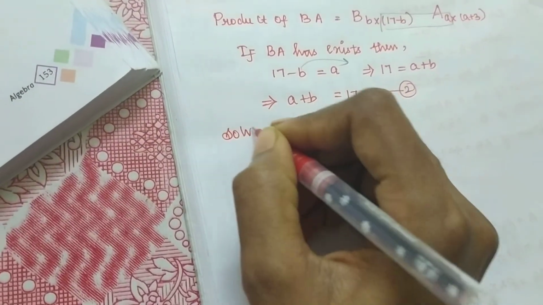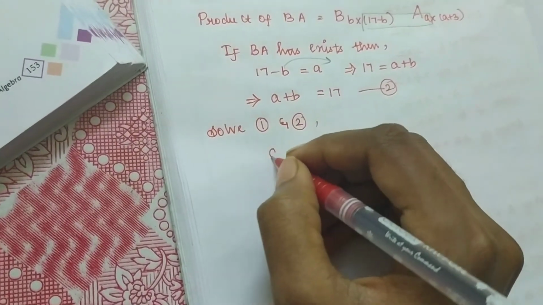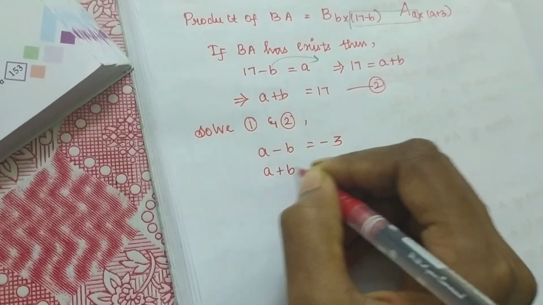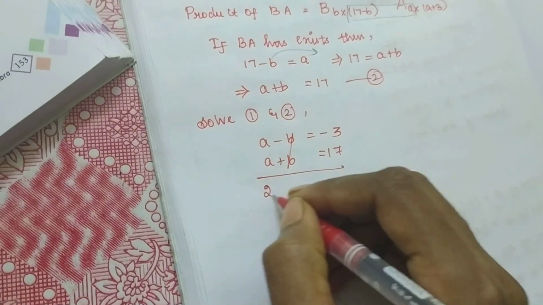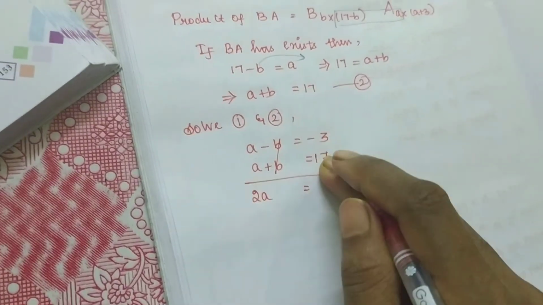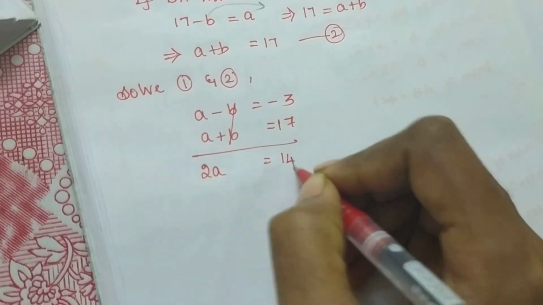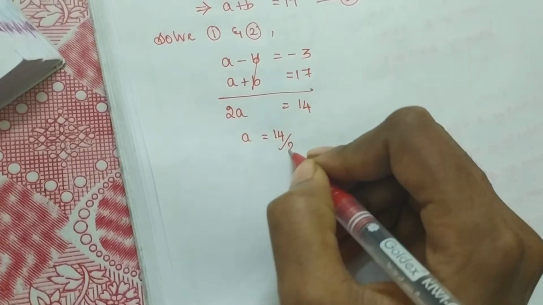Solve 1 and 2. So A minus B equal to minus 3, A plus B equal to 17. I can cancel this. So 2A, removing 3, how much are we getting? It means 14. So 2 is moving to this place, cancelling.